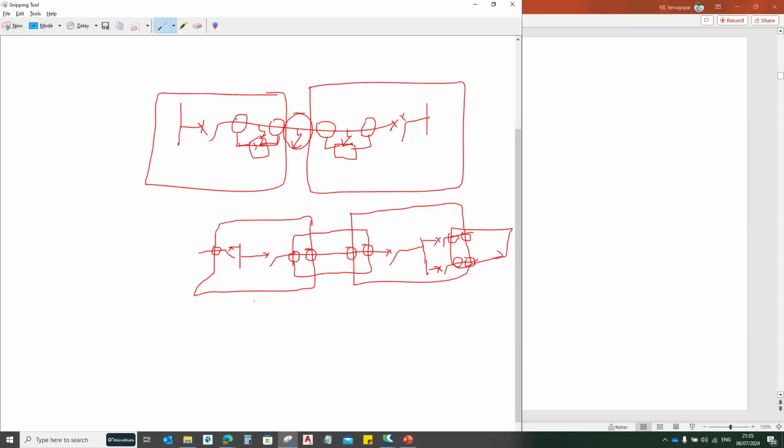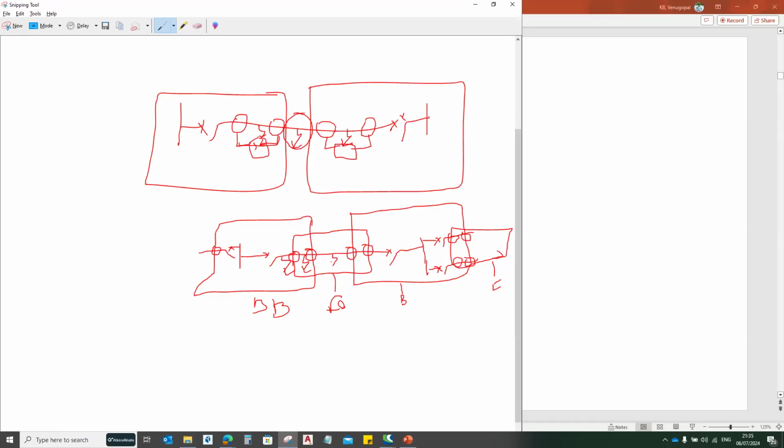Let us assume that this is your bus bar protection and this is your feeder protection, and this is again your bus bar protection and this is again your feeder protection. Now, if there is a fault here, your bus bar protection will operate. If there is a fault here, both bus bar protection and feeder protection will operate.